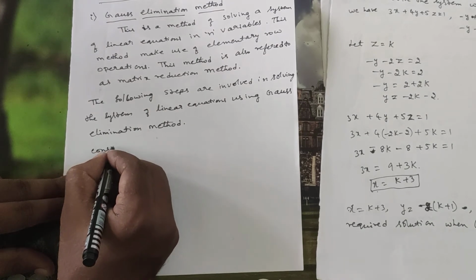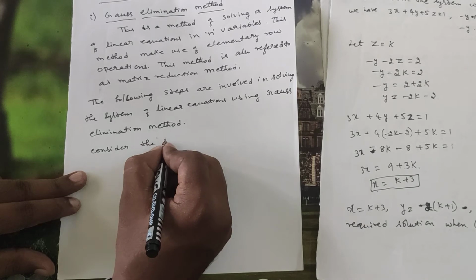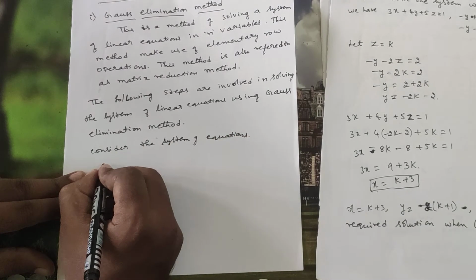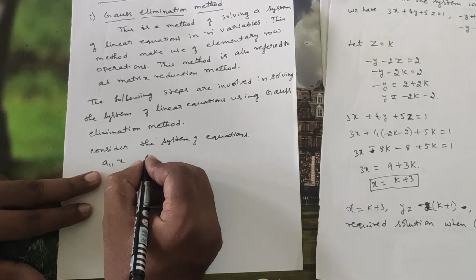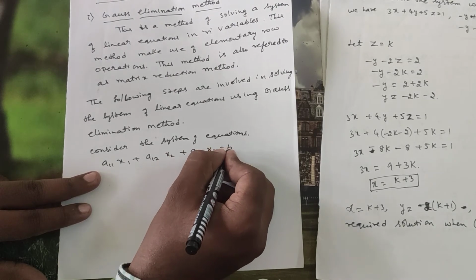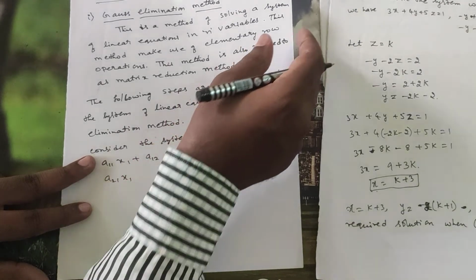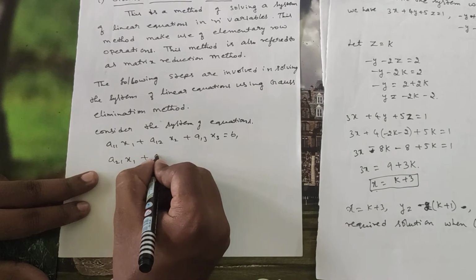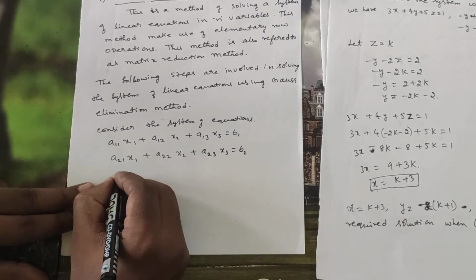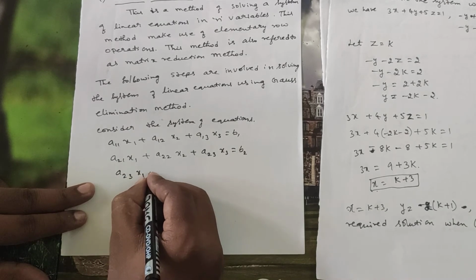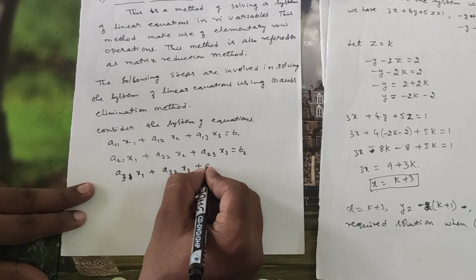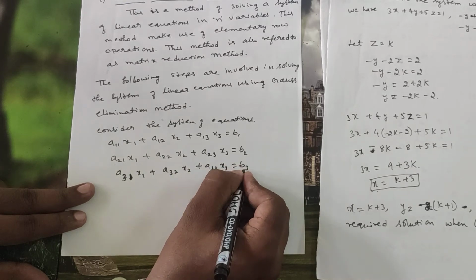So I'll consider a system of equations. So what I get here: a11 x1 plus a12 x2 plus a13 x3 equals b1, a21 x1 plus a22 x2 plus a23 x3 equals b2, a31 x1 plus a32 x2 plus a33 x3 equals b3.